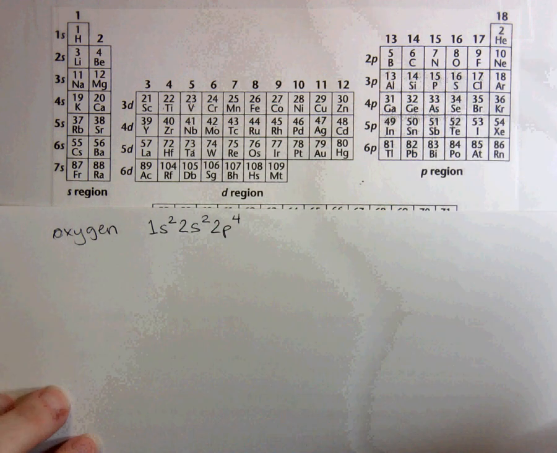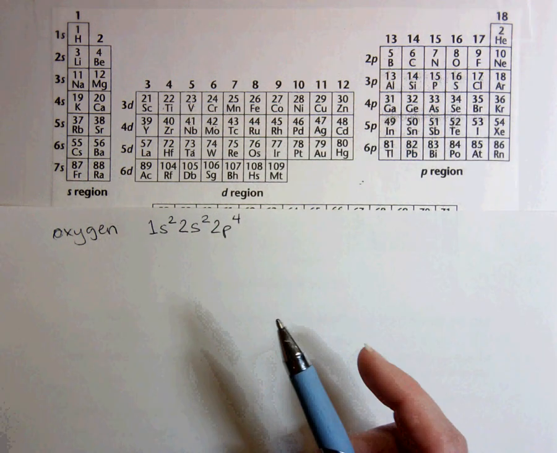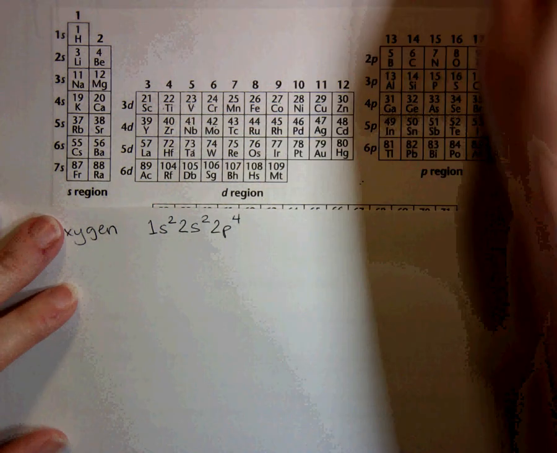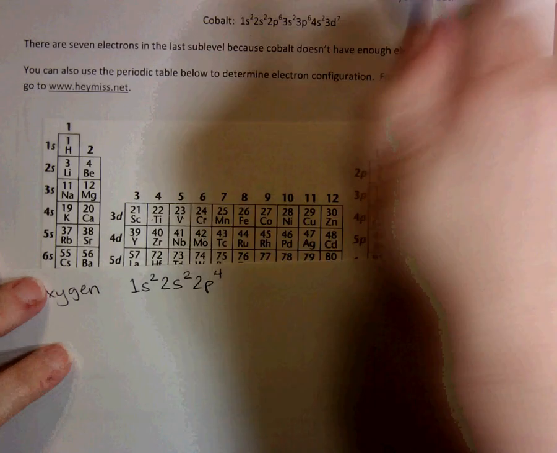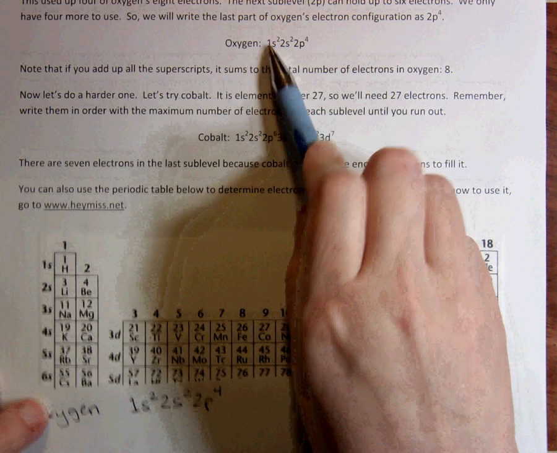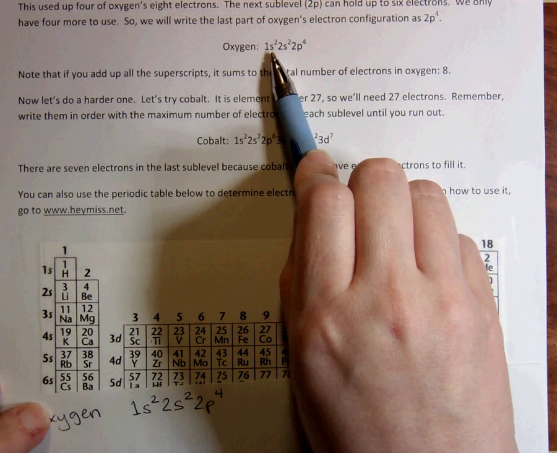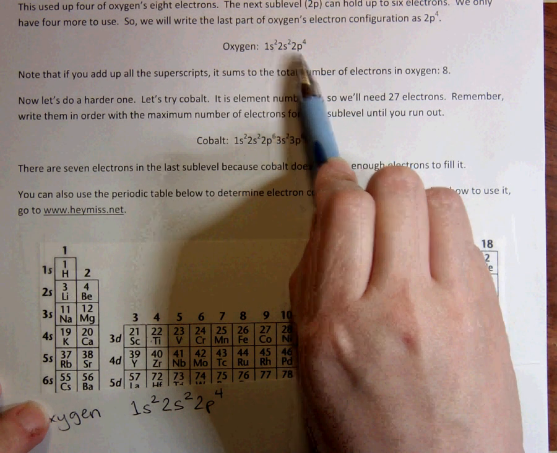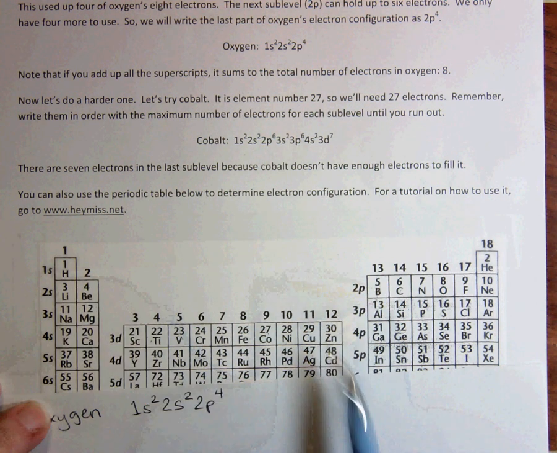So the next thing that we're going to do is look at one that's a little bigger, and that's the example that was given to you here on your reading material. So see how I got that 1s2, 2s2, 2p4 by going in order.